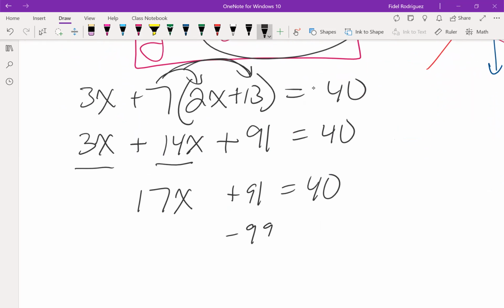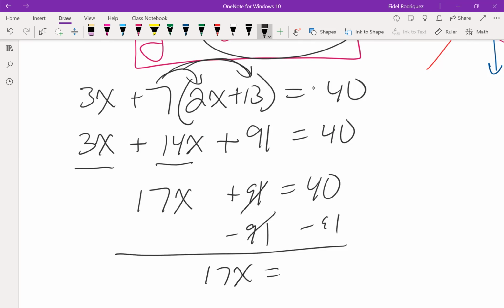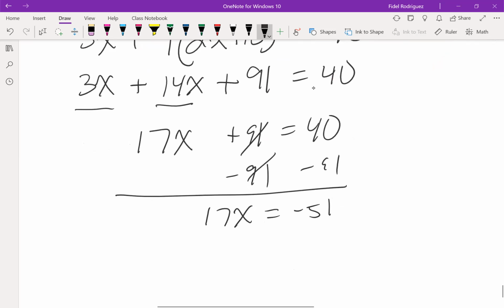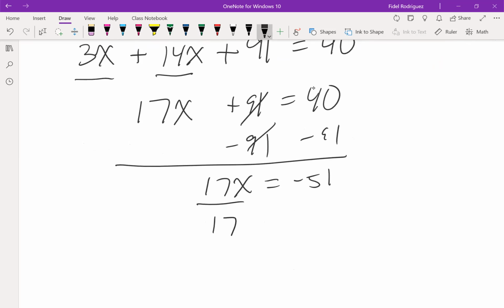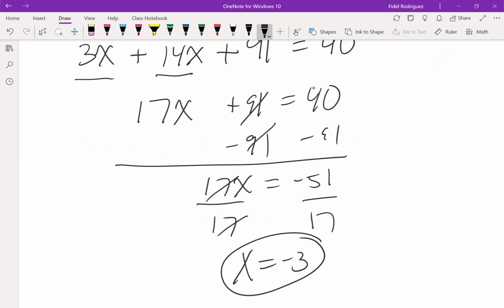I'm going to subtract 91 on both sides. And then finally, we're going to divide everything by 17, and we should come up with x is equal to negative 3.